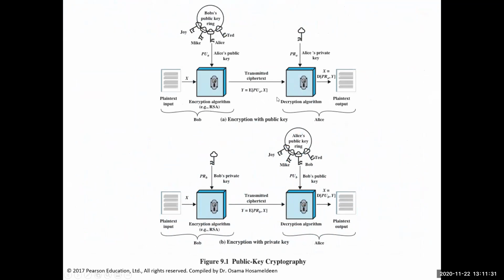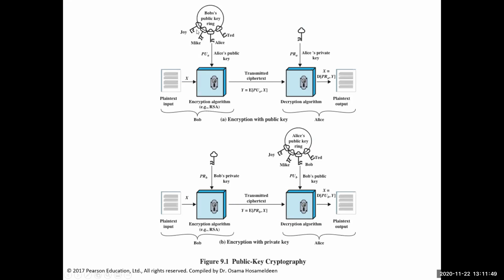Here we see that we have two types of communication between the sender and the receiver. For the public key encryption, the first one is these are public keys.